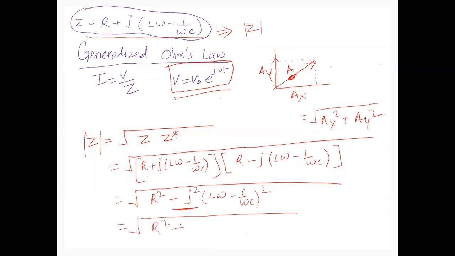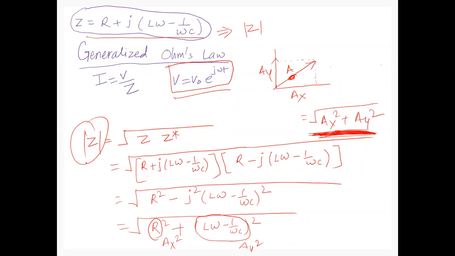It's plus. So you have R square plus (L omega minus 1 over omega C) whole square. Again, this is of the form AX square plus AY square, exactly as we did here. This is how you find the absolute value of Z. Guys, any questions here, please?